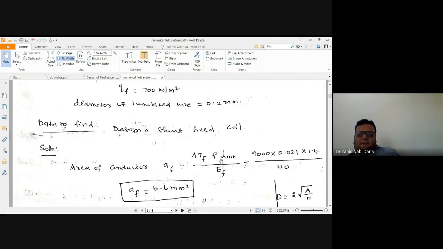IF can be expressed in terms of voltage and resistance using Ohm's law.